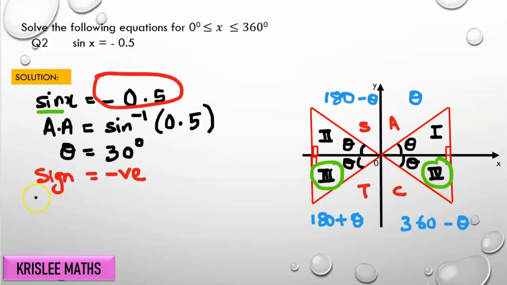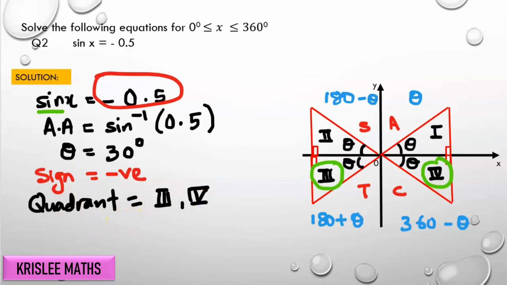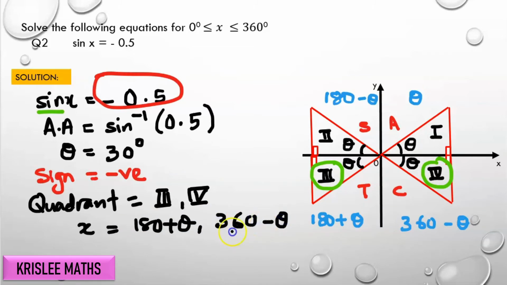So the quadrants involved here will be quadrants 3 and 4. In the third quadrant, okay, it is 180 plus theta, and in the fourth quadrant it is 360 minus theta.